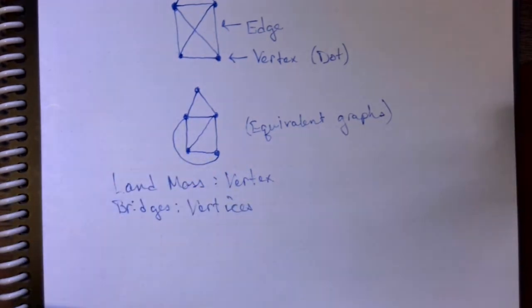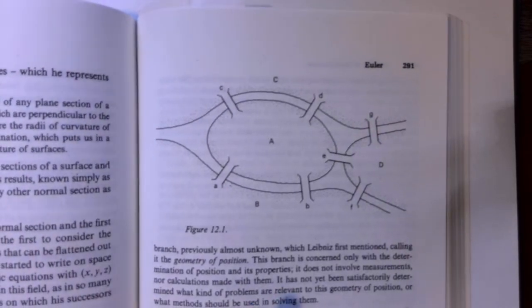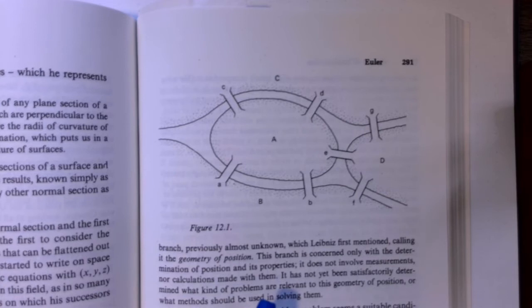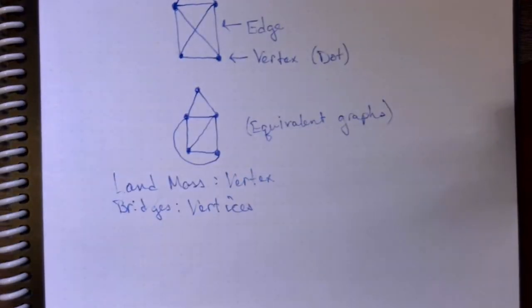And the bridges are going to get represented by the edges. So we're going to take this situation involving the land masses and the bridges and translate it into vertices and edges.